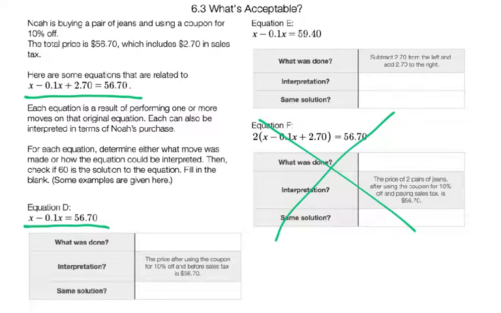All right, so what do you notice? Okay, well, I notice that x and x are the same. 0.1 are the same. And the totals are the same. Okay, but wait a minute. Where did $2.70 go? What happened? Remember, if I took it away, then I should be subtracting it, right?